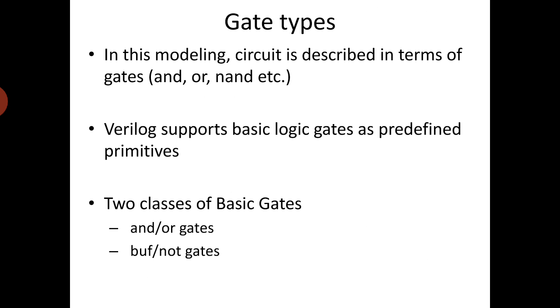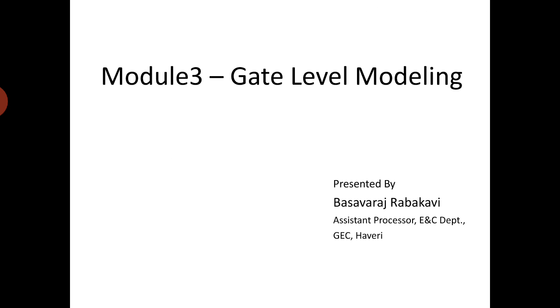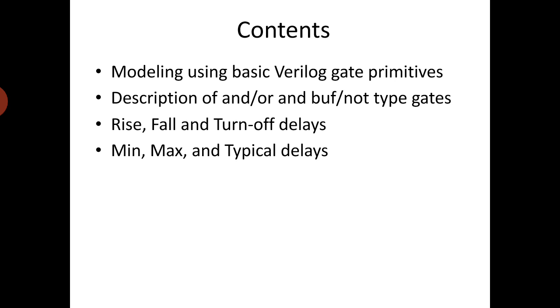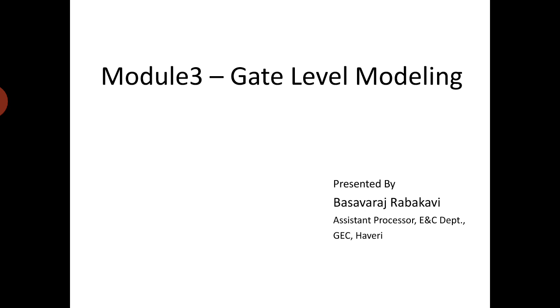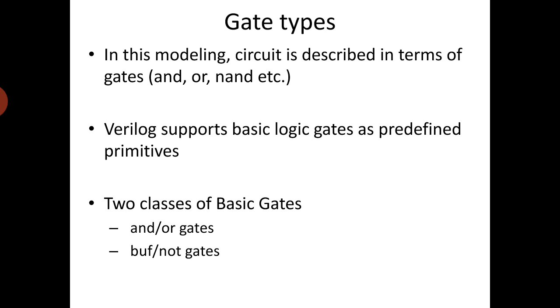So today we have seen what gate level modeling is. It is one of the four different types: switch level, data flow level, behavioral and gate level. In gate level, the input will be in terms of logic gates. There are two types of logic gates: and/or and buf/not.